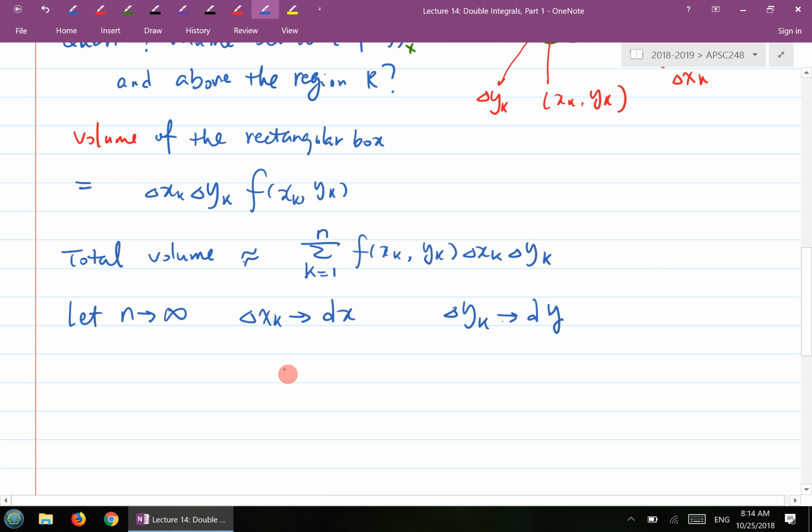Now, however, as you can see now, as this n goes to infinity, x becomes dx, y becomes dy here. One integral sign won't be able to deal with two variables here now, right? So what is going to happen here is we're going to have two integral signs now.